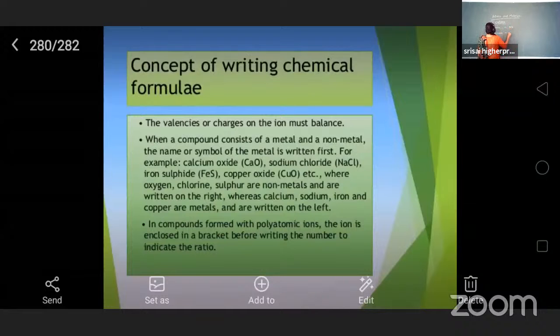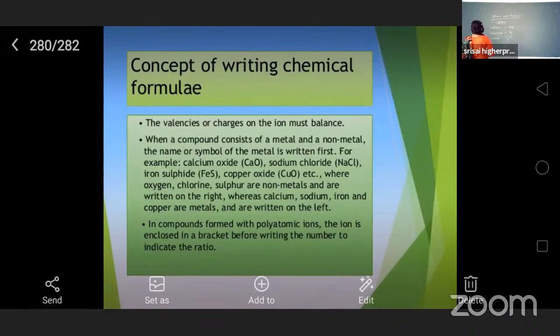Now are these metals or non-metals? We have already learnt this in the 8th standard, in the first lesson, the matter lesson.